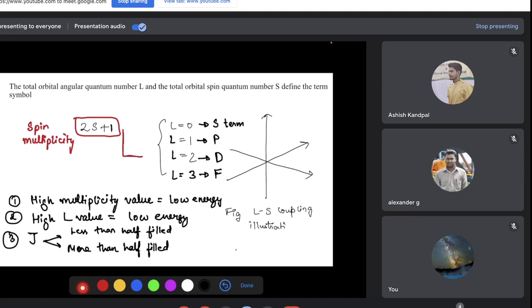So if it is less than half filled, then my J value will be low energy. And if my orbital is something which is more than half filled, then it will be, okay, wait, I made a mistake here.